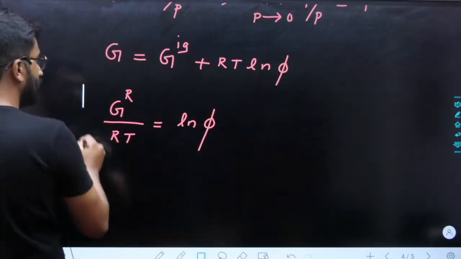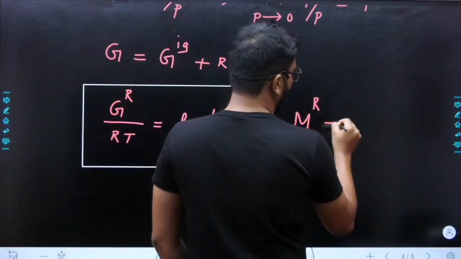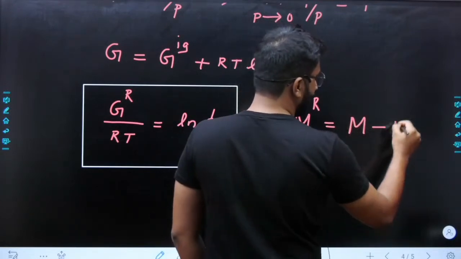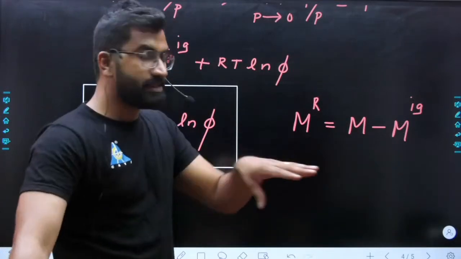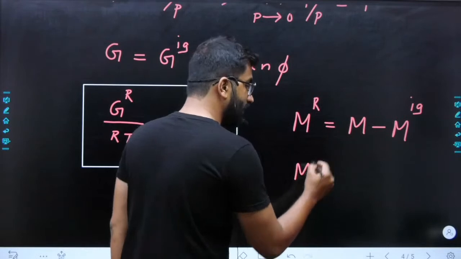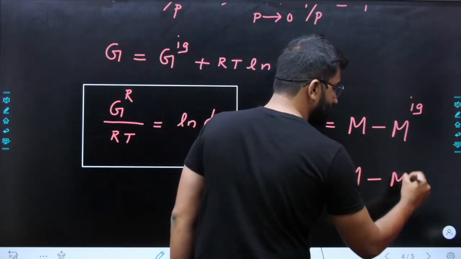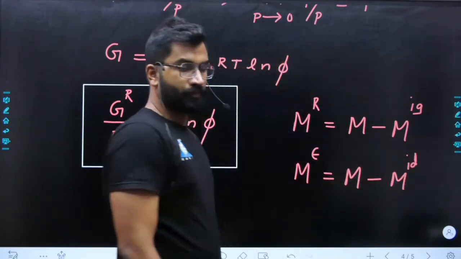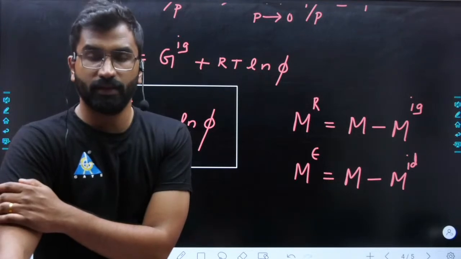Any residual property is property of real gas minus property of ideal gas. So gases के लिए we will call residual property. In case of liquids, you have excess property, property of a real solution minus property of ideal solution. So ये दोनों compare करके आपको पढ़ना चाहिए, then only you will be able to remember the equations.